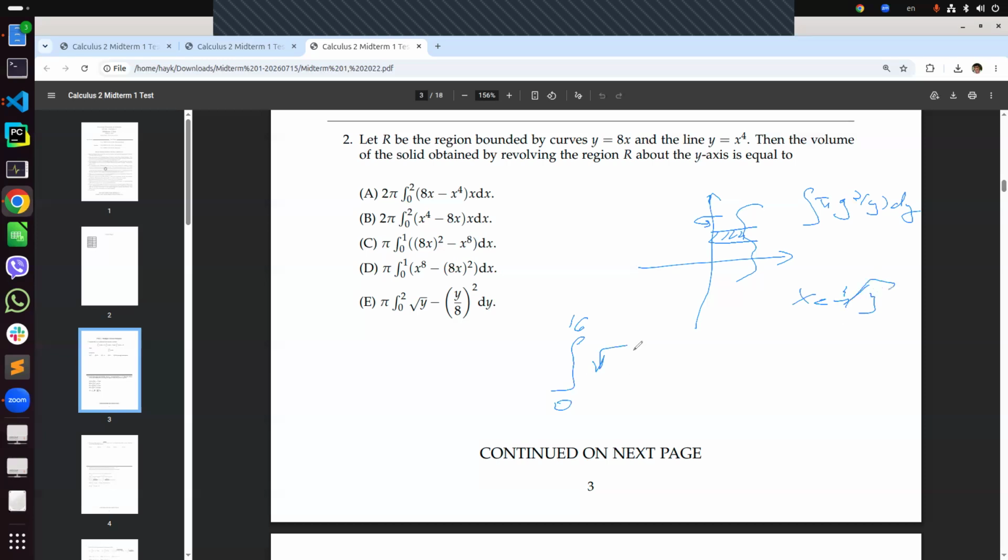So we'll get root of y minus the square of y over 8, dy times pi. Here we have everything except this 2. This 2 is not correct. It should be 16. And as Moses helped us find this x written here, everything is correct.